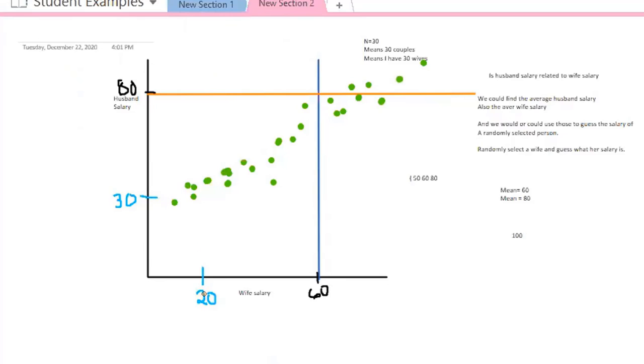I wouldn't guess 80 because I know that the wife's salary is very strongly related to the husband's salary. So that's what I mean by related.